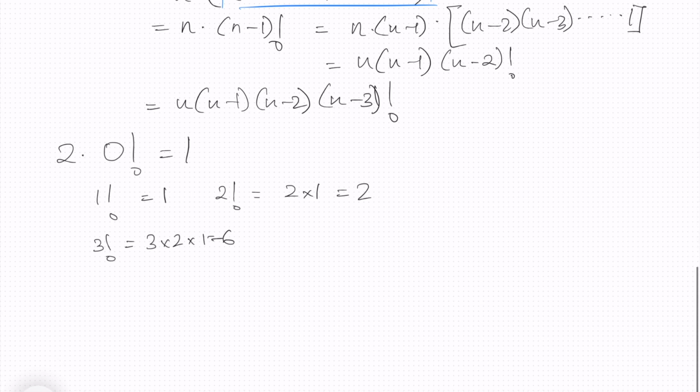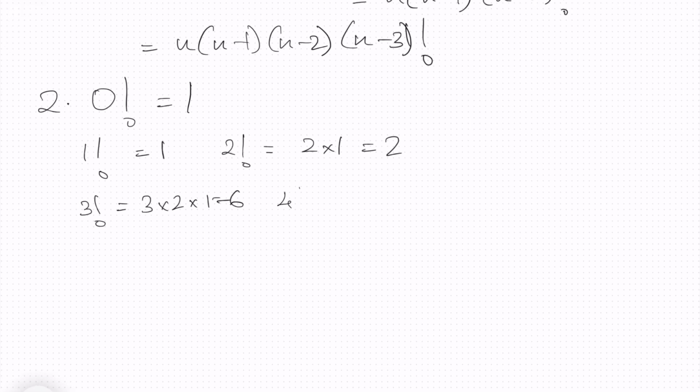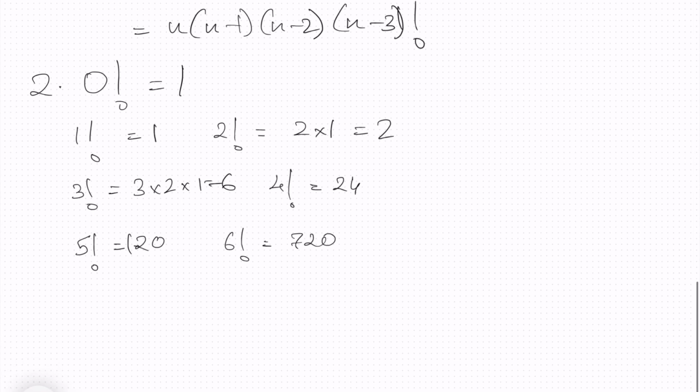In fact, perhaps you should remember a few of the factorials from 1 up till around 6 to 7. It may help. In fact, 4 factorial is 24, 5 factorial is 120, 6 factorial is 720, right? 7 factorial is 5040.